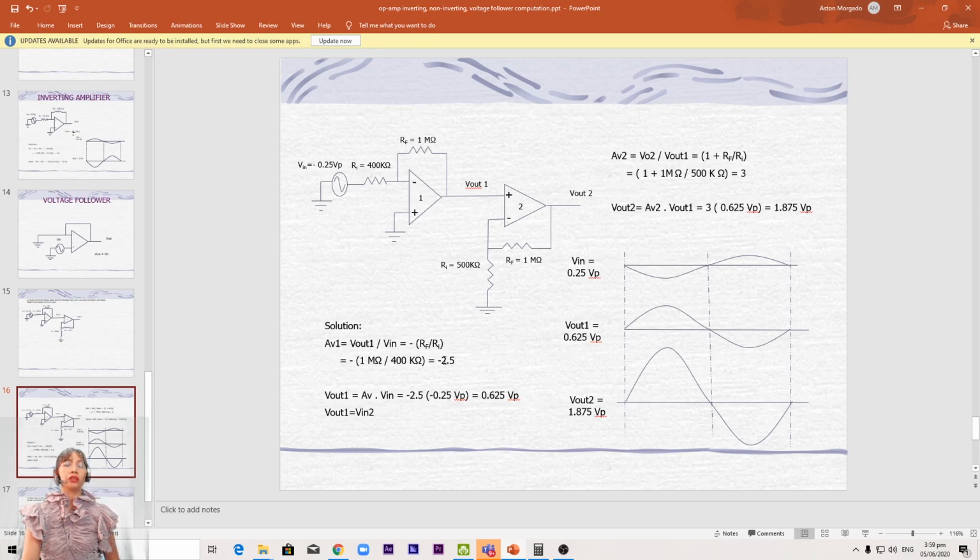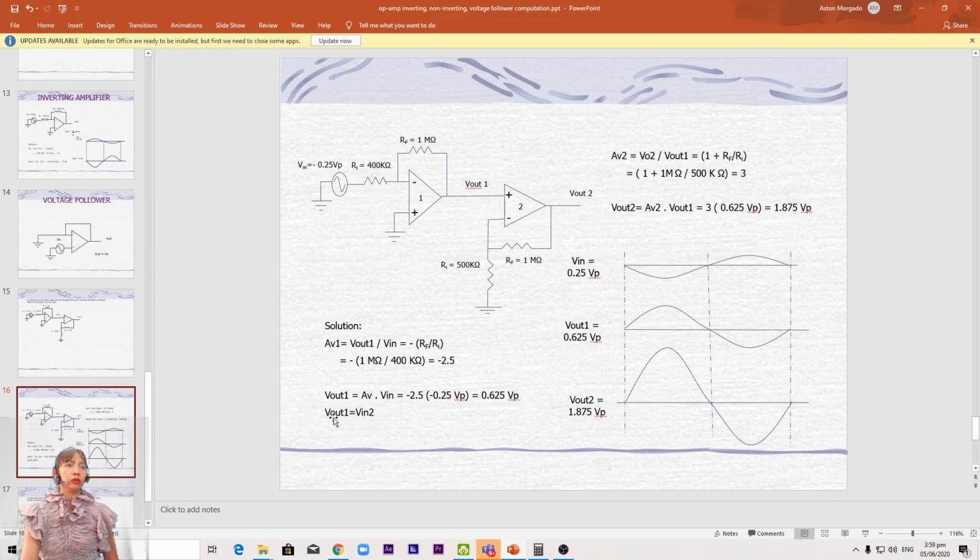So we have a voltage gain of negative 2.5 for op-amp number 1. So the output of op-amp number 1 therefore is AV1 times Vin, equal to negative 2.5 times negative 0.25 volts peak. Okay, so we have an output of 0.625 volts peak. So you have negative, negative, so positive 0.625 volts peak.